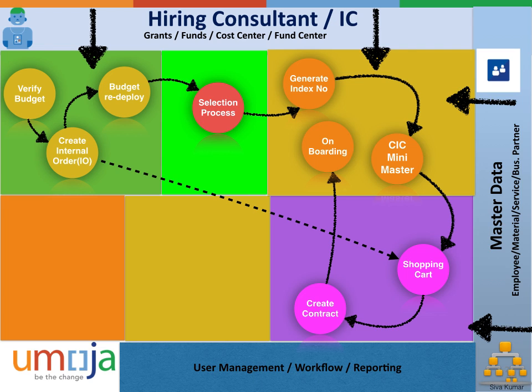Once he or she completes the work, there has to be a service entry sheet, where the system records their attendance and the work rendered to the organization. The next step would be evaluated receipt settlement, because in this process the service entry sheets will not create an invoice.